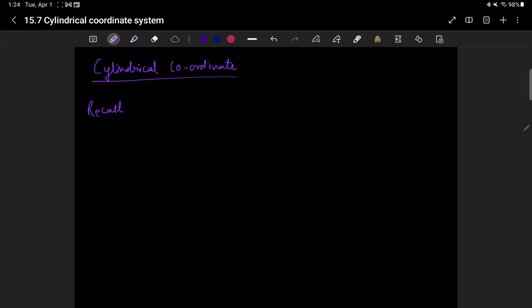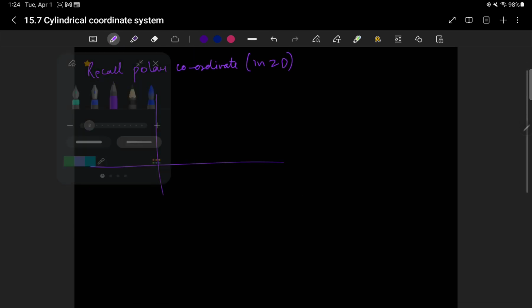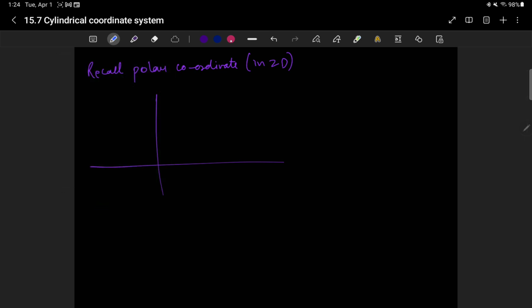So let's start with recalling the polar coordinate system in 2 dimensions. The idea there is that even though we have rectangular coordinates, we can create an equivalent.